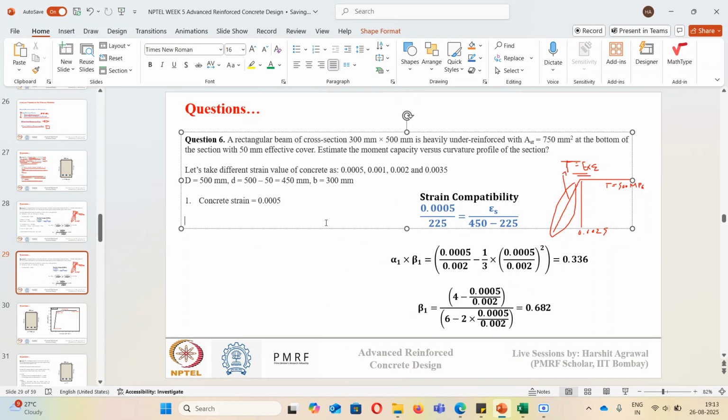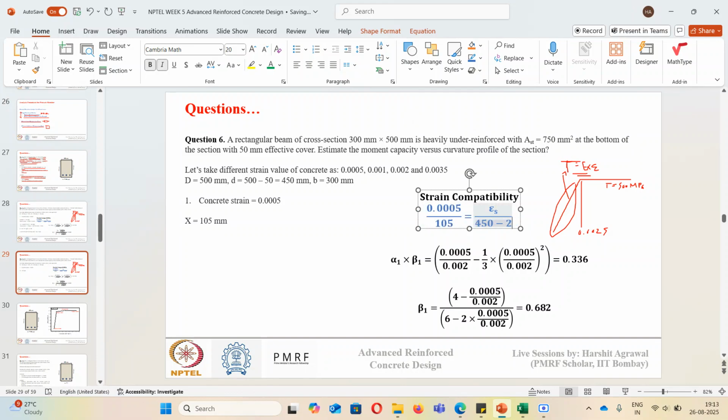So now let's assume neutral axis depth is 105 mm. Again only one change we need to make: the depth of neutral axis becomes 105 here, and here it will also become 105.